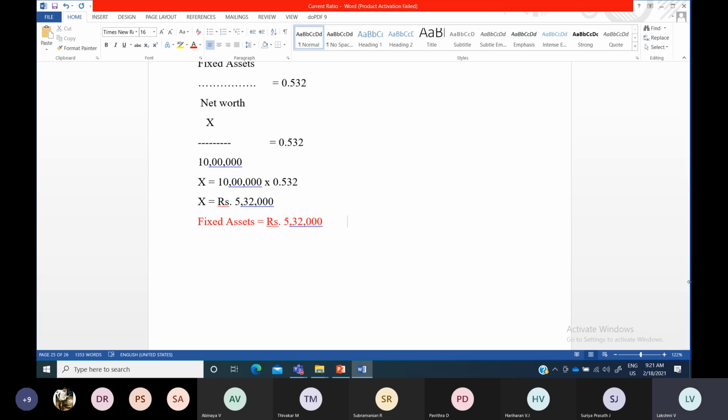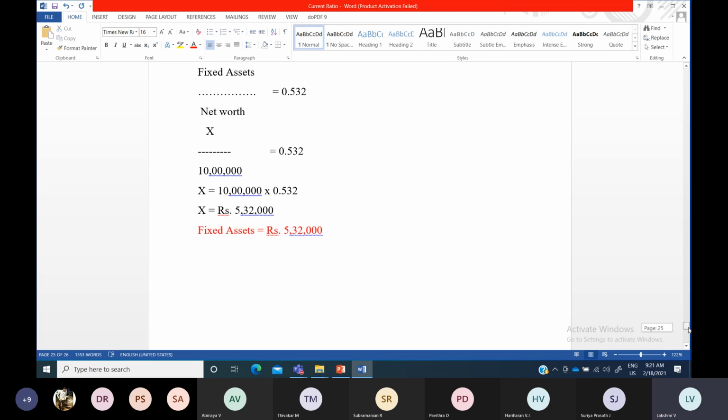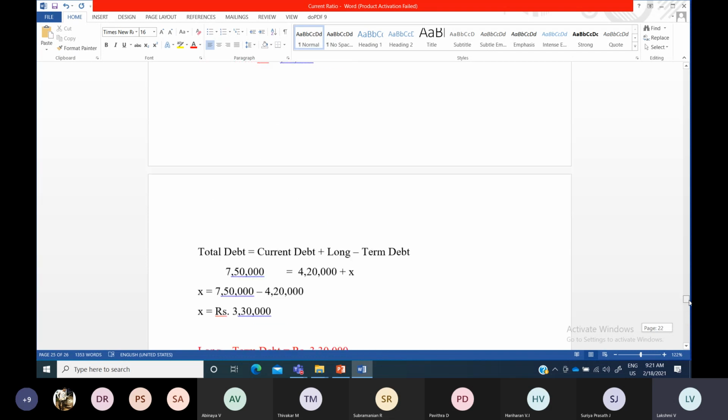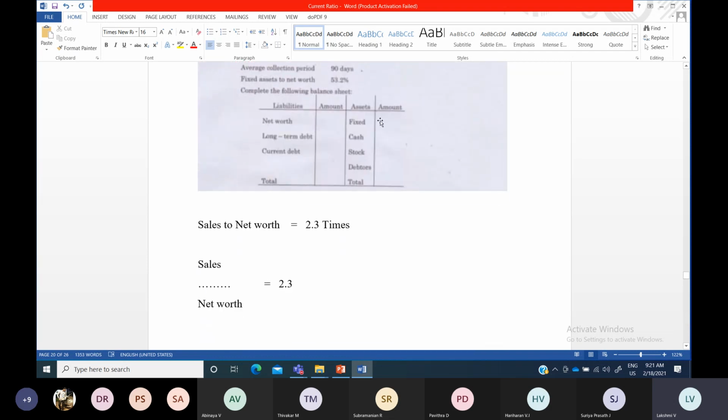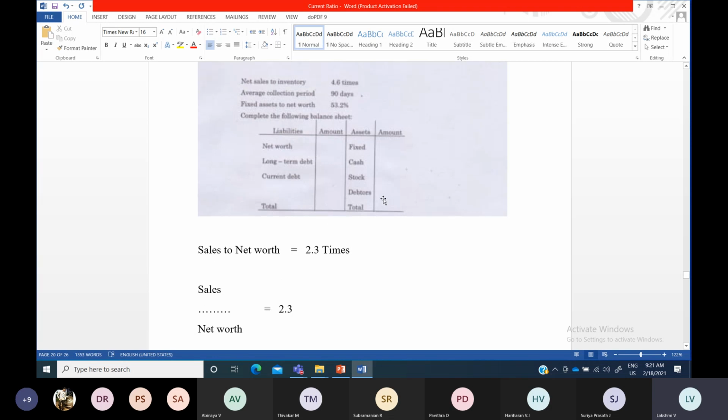Now you have to go back to the question and find out what all items we still haven't found. So you have to just look into the question. In this question they have given you the balance sheet, and all these items we have to fill in.